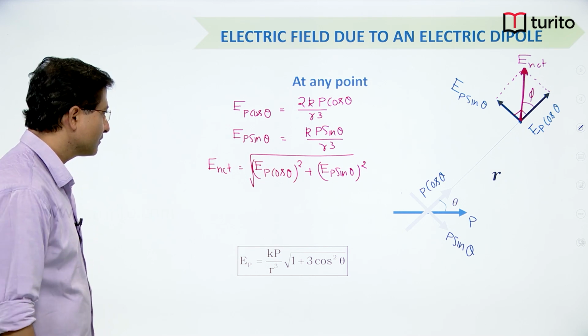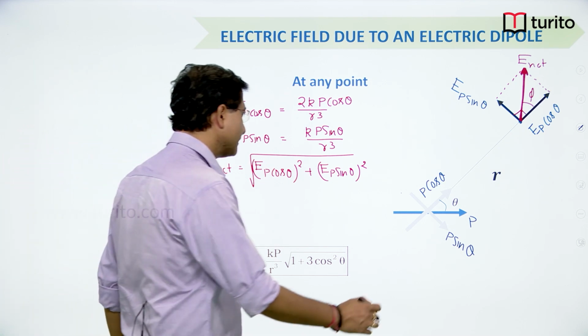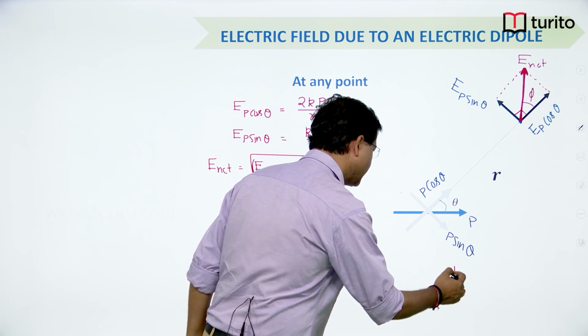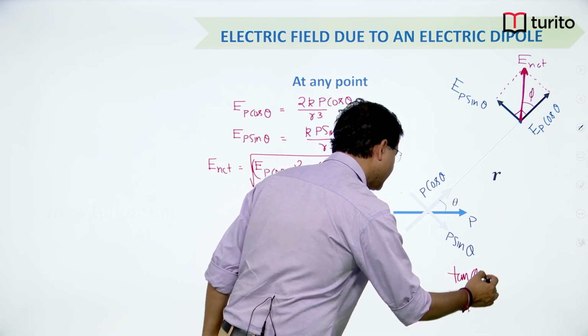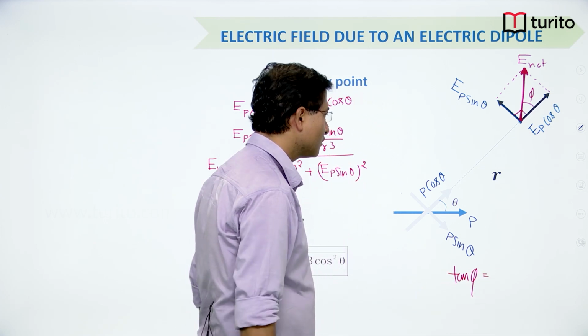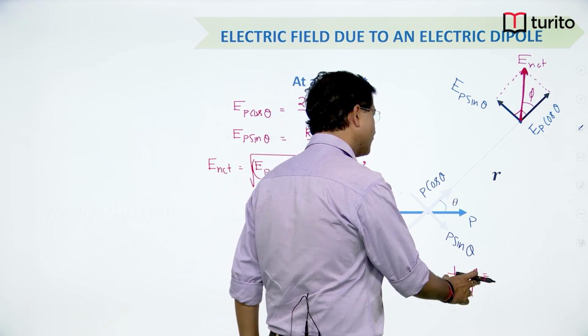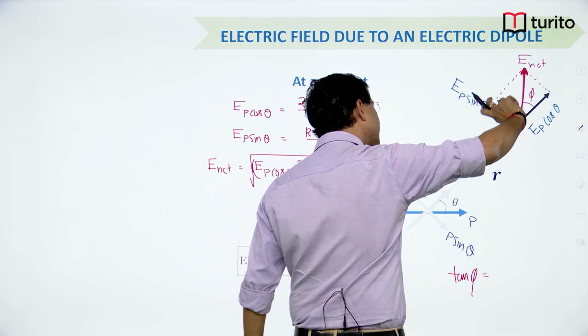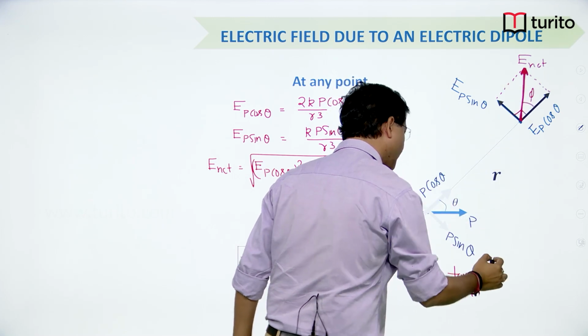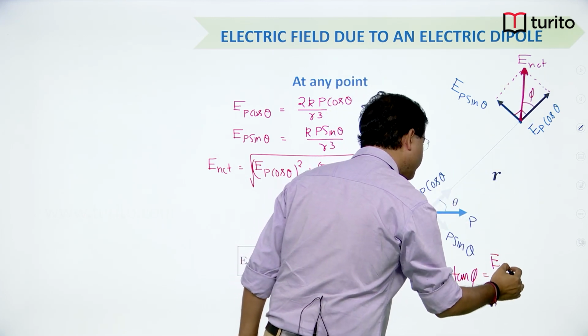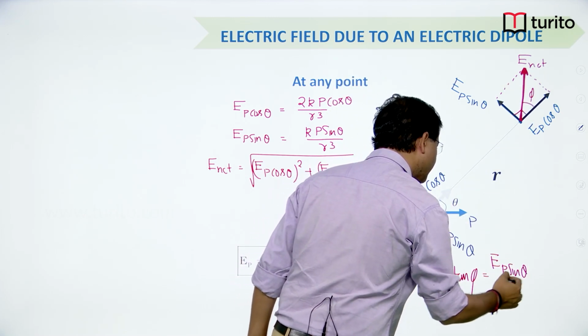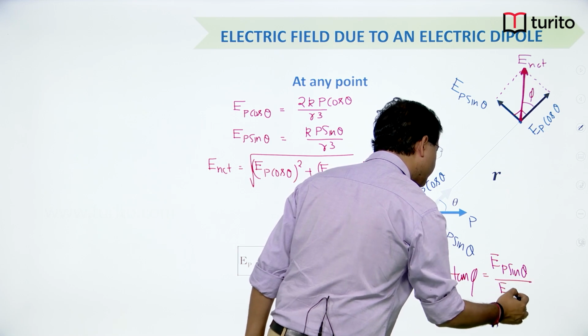Now you can see that I can write tan phi is equal to, tan phi perpendicular is what? E P sin theta, so the field produced by P sin theta divided by the field produced by P cos theta.